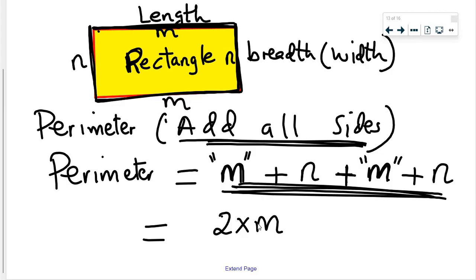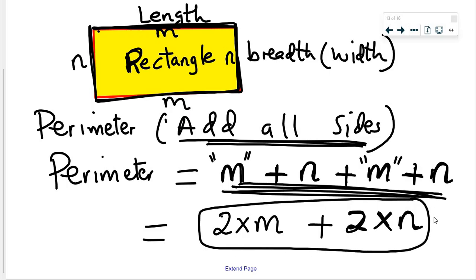Other people say twice of m or 2 into m. And then plus, how many n's do you have? You have n plus n, meaning twice of n, or 2 into n. If you stop here, you get your full marks for the expression of the perimeter.